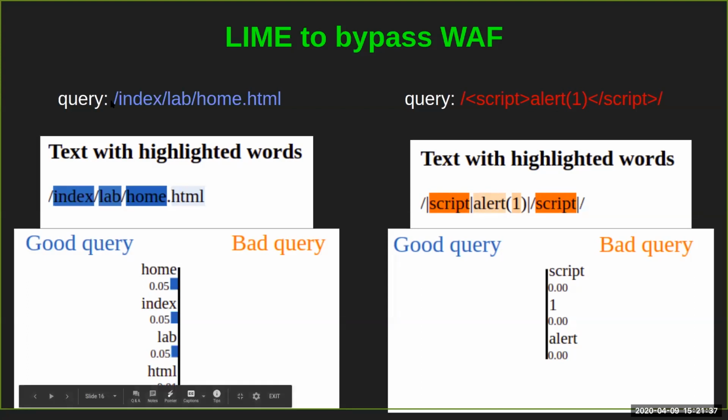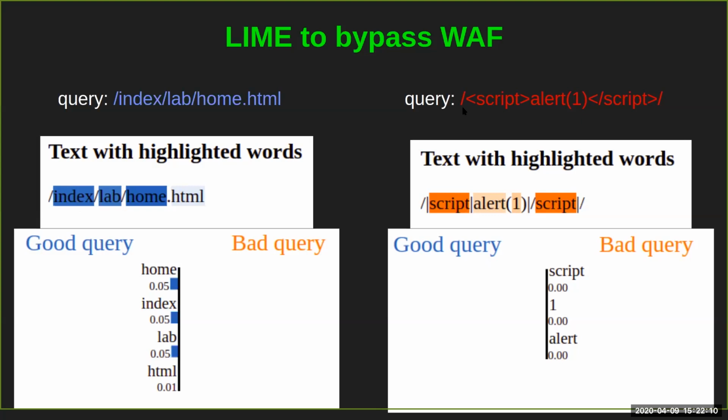If you give this query to the web application firewall, it says that this query is a good query, and these are the weights of every feature inside your query that are driving the model's probability for a particular class. Here the words like index, lab, home and HTML are considered good words by the model, and hence the model predicts this query as a good query.